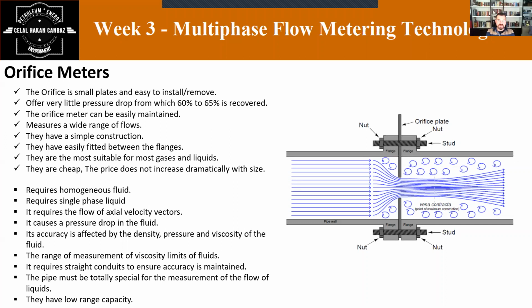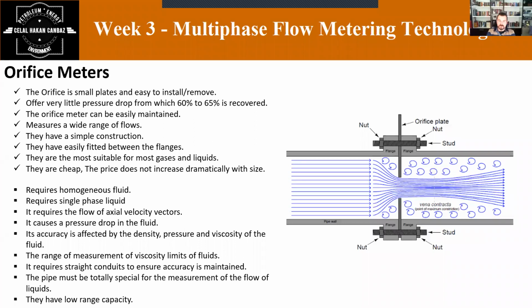The accuracy is affected by the density, pressure, and viscosity of the fluid, of course, like the others as well. This is sure. The range of measurement is limited by the viscosity of fluids. Viscosity can be a problem here as well. For heavy oils, your error percentage will be increased as well.